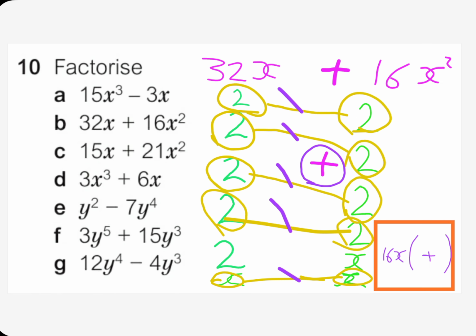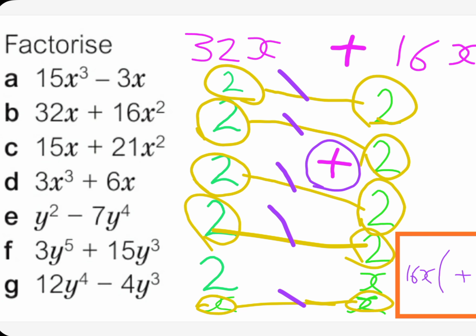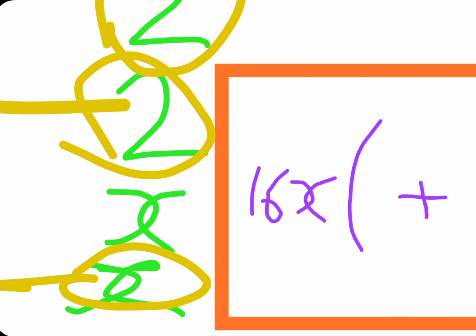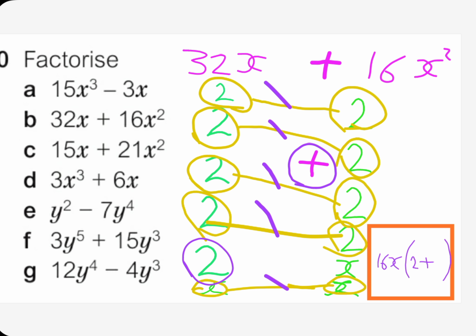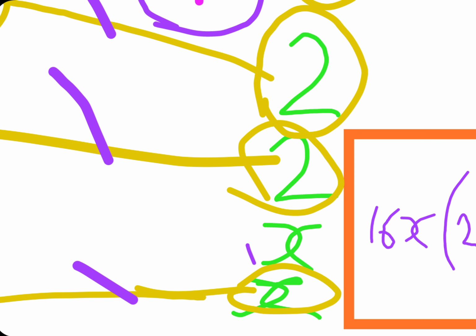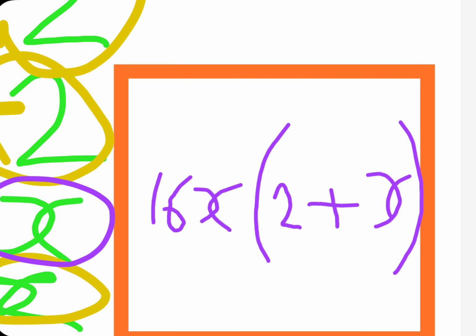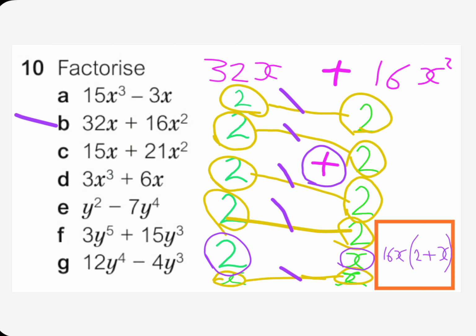And then I will look at the two groups and see what numbers I left. As you can see in the first group, what did I leave? Very good. I left this 2. So I come here and write 2. Good job. And then I go to the next group and find out what I left. In this group, what did I leave? Very good. I left the x. So I come here and write x. Very good. And this is the answer for question B.